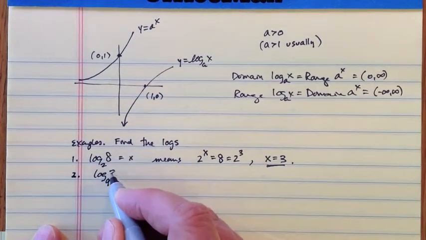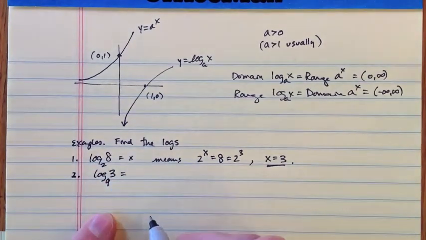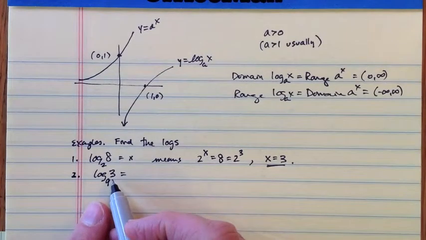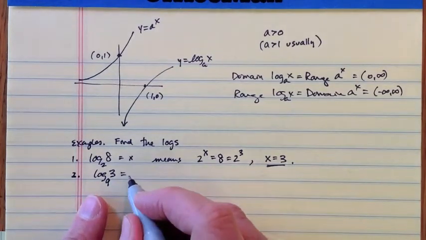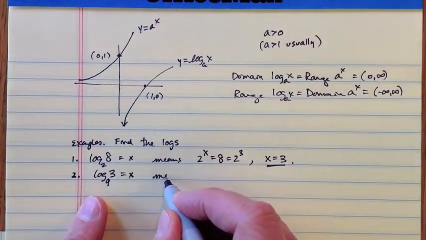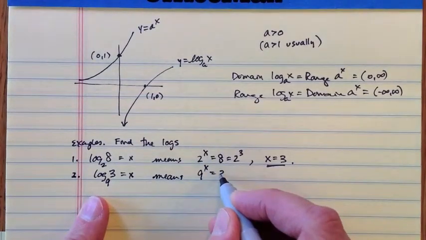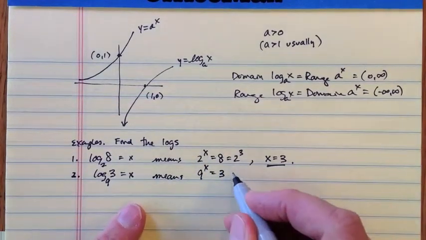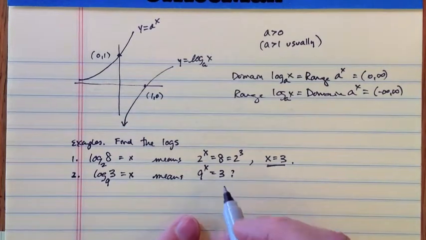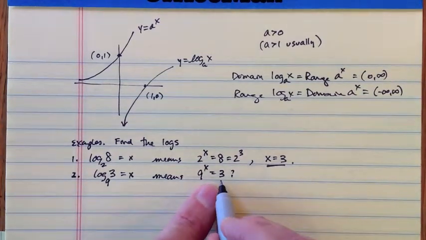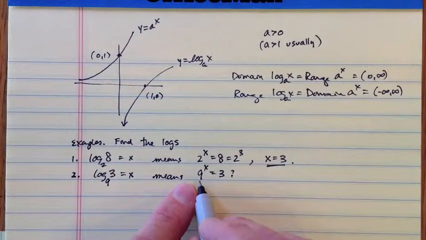How about the log base 9 of 3? Don't say 2 real fast. What you're noticing is that 3 squared is 9. This is asking, what's the number I raised 9 to in order to get 3? Well, you either write that as a power of 9, or that as a power of 3, and solve it like we did in the last section.